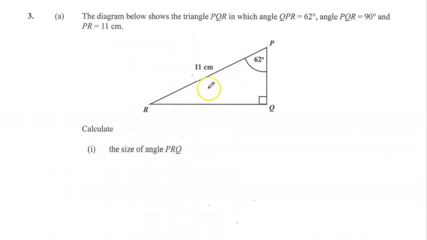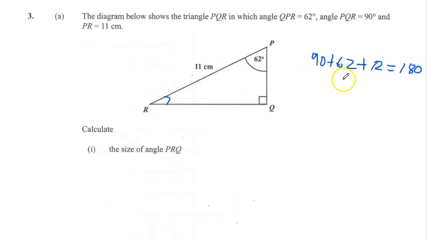So now we are on to question 3. We are asked to find the value of angle PRQ. Now of course we know angles in a triangle add to give 180, right? So angle Q is 90. Angle P is 62. And when you add angle R, the total should be equal to 180.